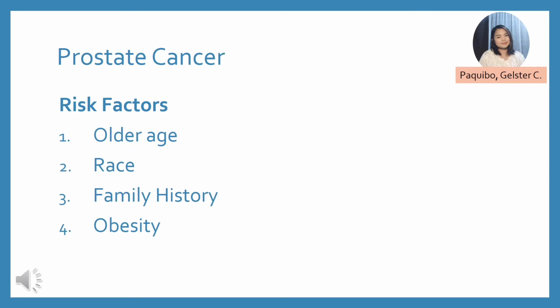Race. For reasons not yet determined, African American people have a greater risk of prostate cancer than people of other races. In Black people, prostate cancer is also more likely to be aggressive or advanced. Next is family history.